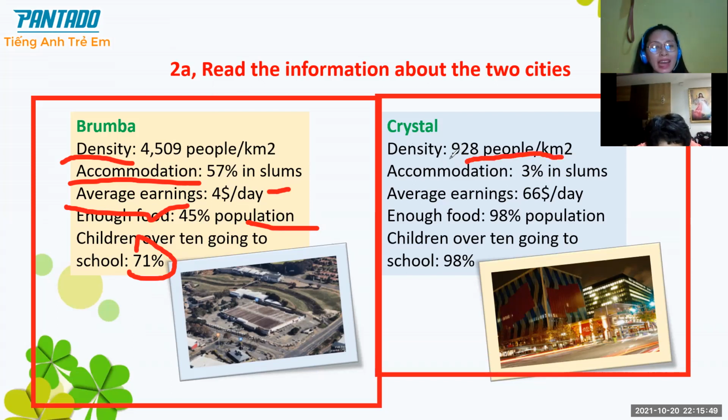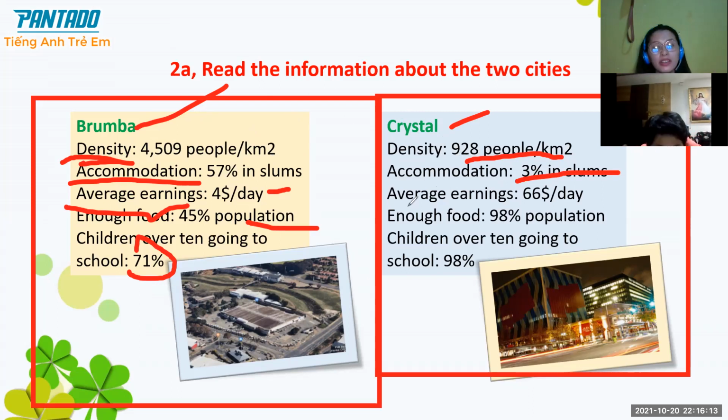So which is more, Bromba or Crystal? So it's many people in Bromba compared to Crystal. The accommodation is 3% in slums. It's less than in Bromba.